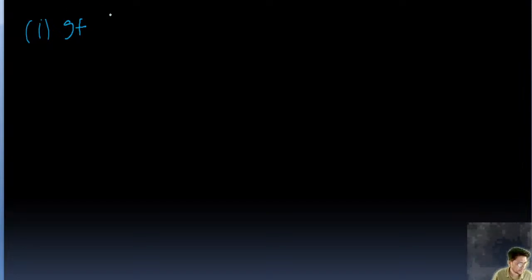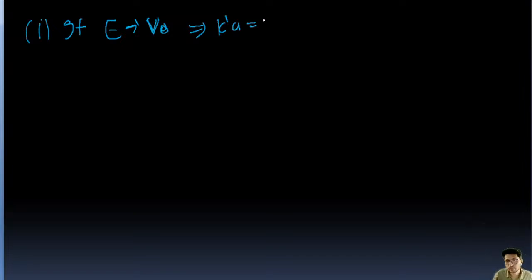If E tends to V0, that implies K' times a is small, and that means K' tends to 0.